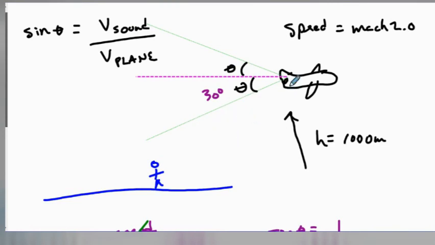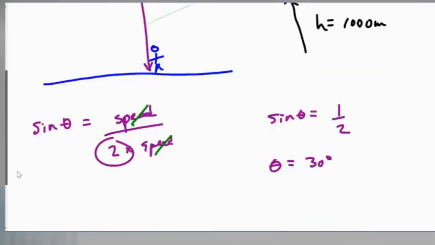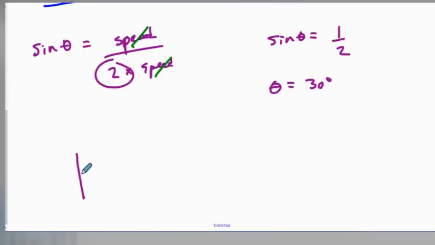Okay, now what I can do is using the height of my airplane, so I know this right here, I can figure out this right here using my angle. And so I'm going to draw that triangle down here. So what I know is that this is 30 degrees. I know that it was 1,000 meters high.